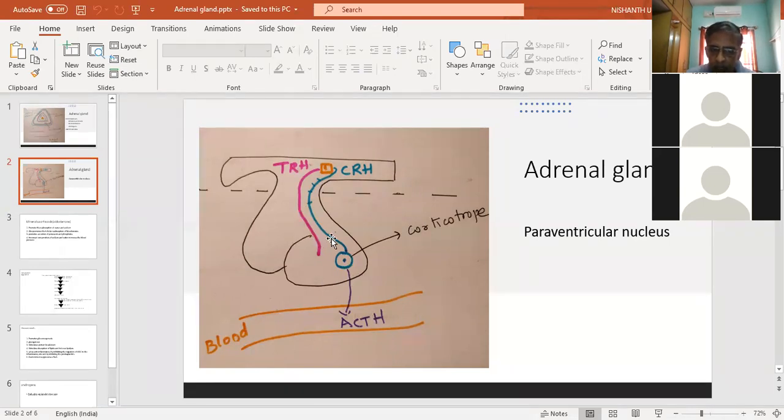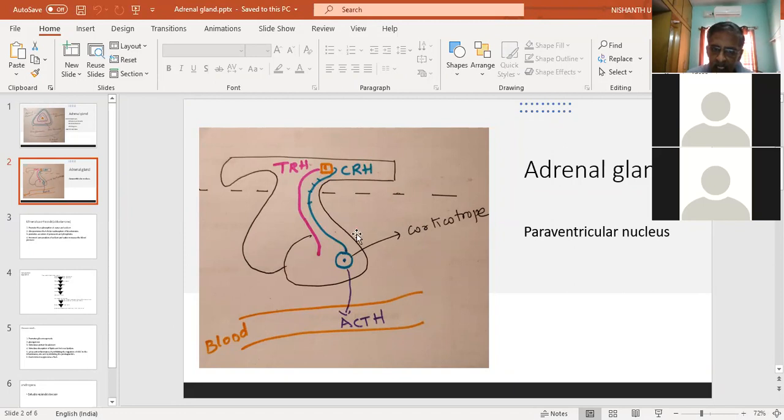In the anterior pituitary, there is one particular group of cells called corticotropes. So this CRH, corticotropin releasing hormone, from the paraventricular nucleus will come down and bind to the corticotrope cells.